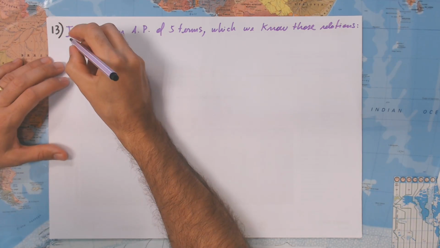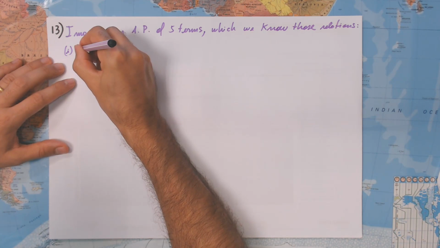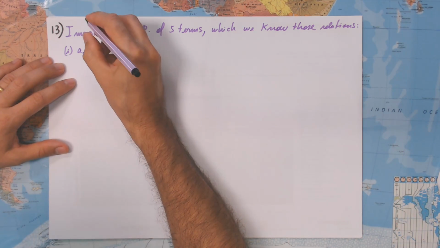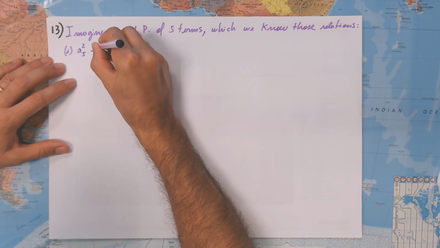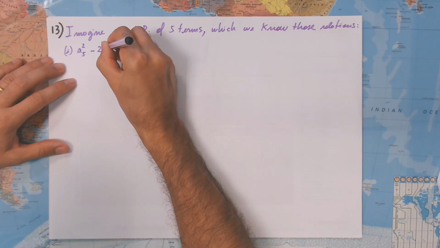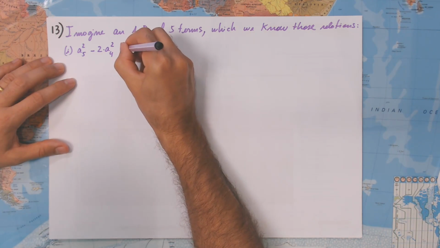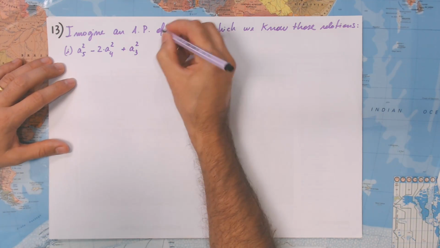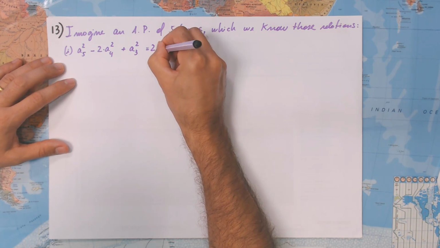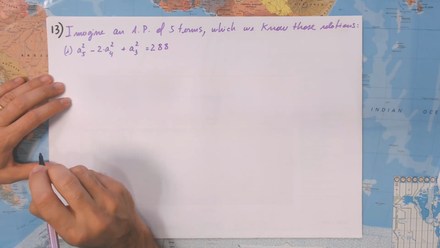First, we know that if we take the 5th term squared, minus twice the 4th term squared, plus the 3rd term squared, this is going to be 288. This is the first information.